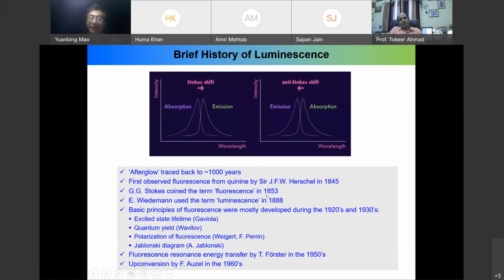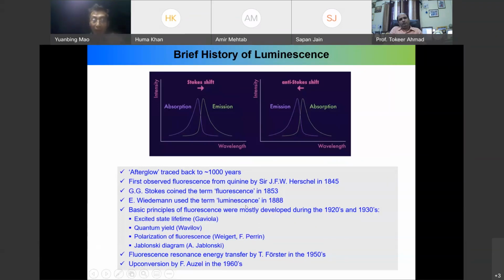Then in 1853, Stokes coined the term fluorescence, and that's related to the Stokes shift, which is what we have here. And then in 1888, Wiedemann used the term luminescence.